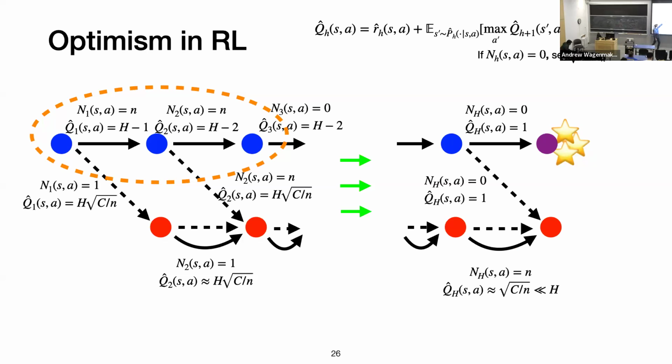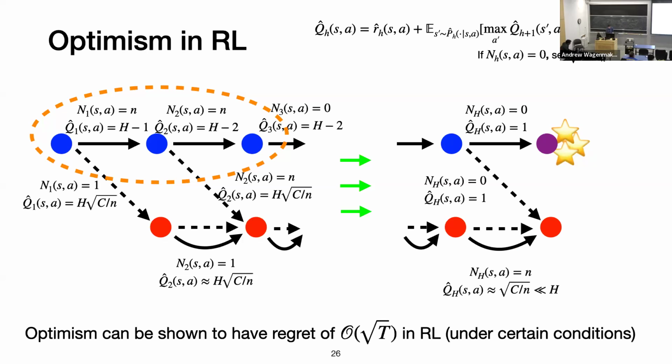Once I have reduced the uncertainty at that transition, I'll see that I want to take this action because it will get me to a state that's uncertain here. The way the Bellman equation works, the uncertainty here propagates back into the Q function estimate here, and that propagates back into the Q function estimate here until I get to the beginning, and then I know I want to take this solid action because it will lead me to a region of high uncertainty.